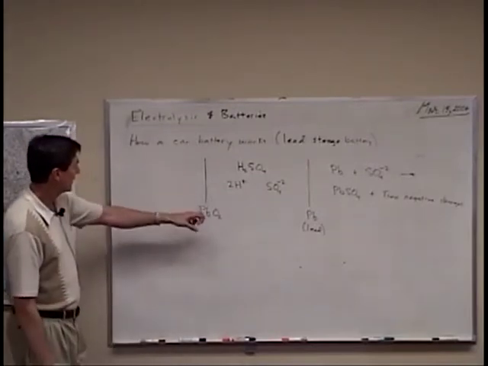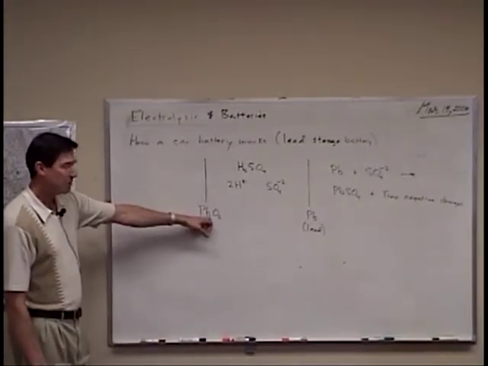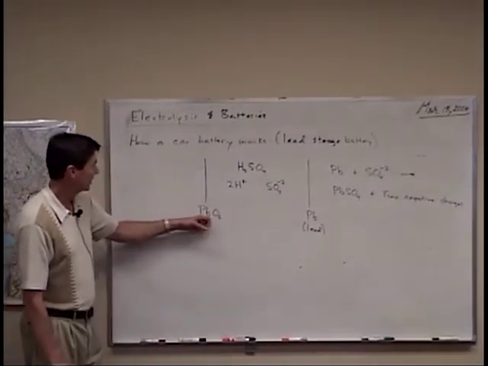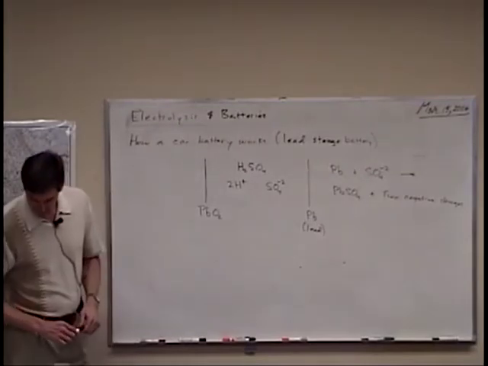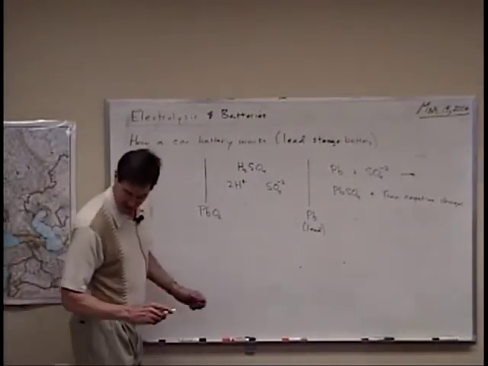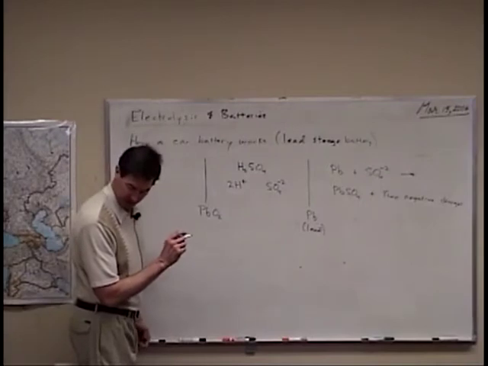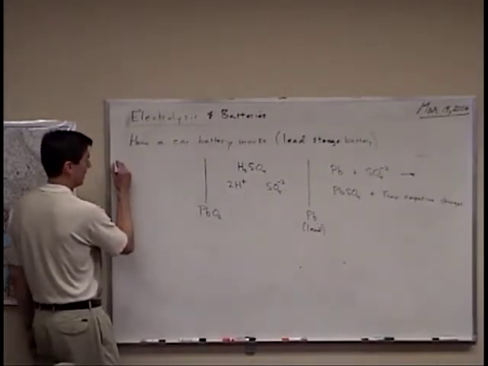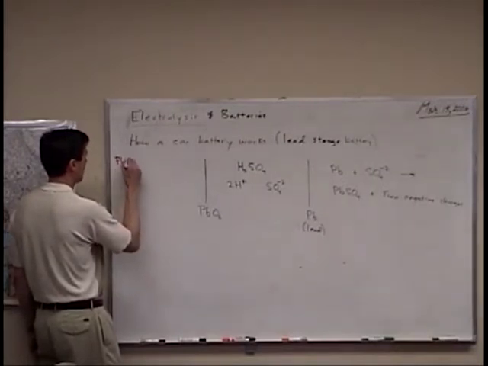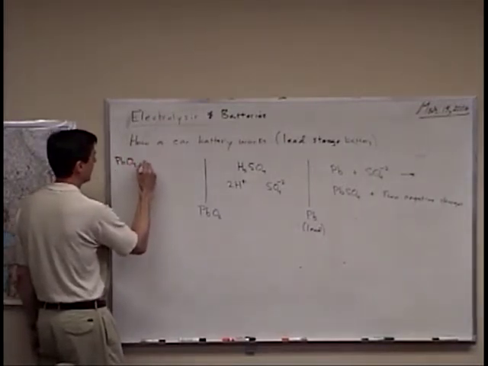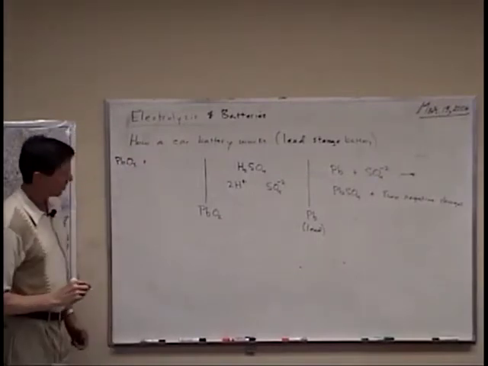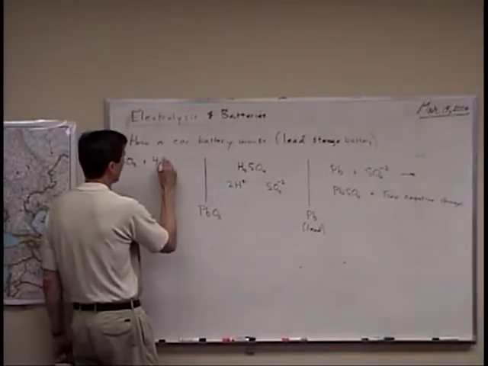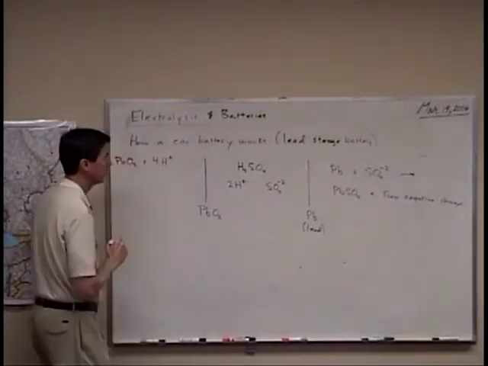Okay, let's look at what's going on at the positive electrode here, the lead oxide. The chemical reaction here is a little more complicated. The lead oxide will combine with 4 of these hydrogens.